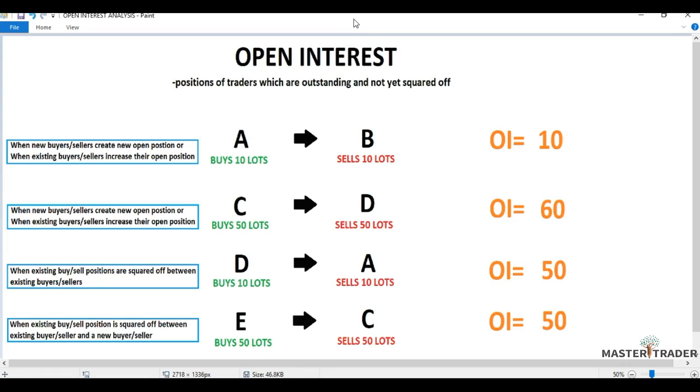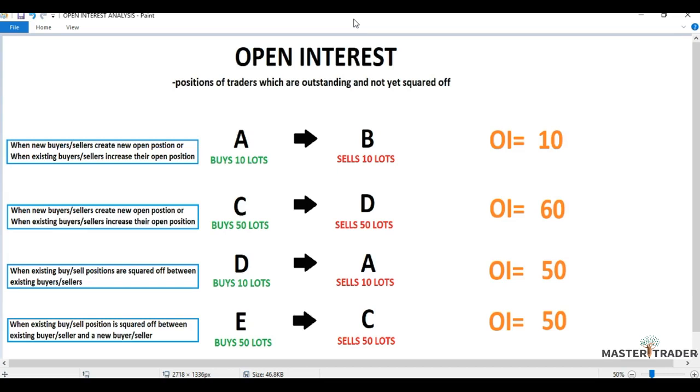So if somebody buys one contract of Reliance futures, on the other hand, somebody is selling one contract of Reliance futures, so the open interest equals one. There's an interest from the buyer side and the seller side. So simply put, open interest is the positions of traders that are outstanding and not yet squared off.